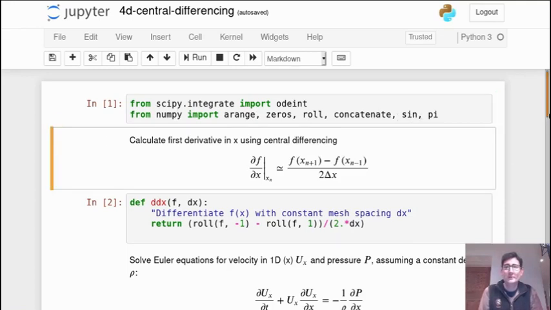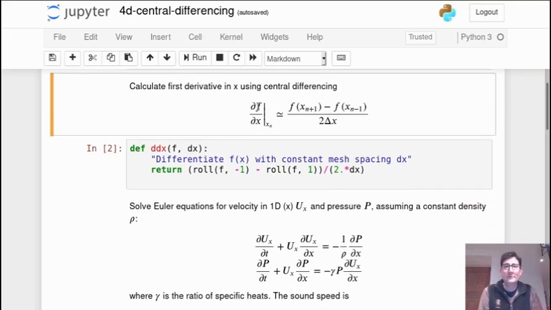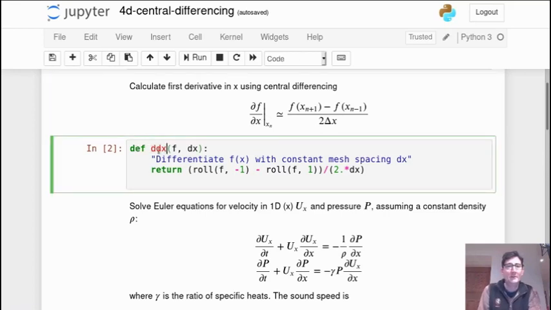So as just covered, looking at the central differencing approximation for the first derivative, for any function f, df by dx is approximated using this central differencing formula, here with a constant grid spacing, or spacing between mesh points. First we'll define that function. d_dx is a function we're creating which takes an array of values, these quantities f, and a constant dx.